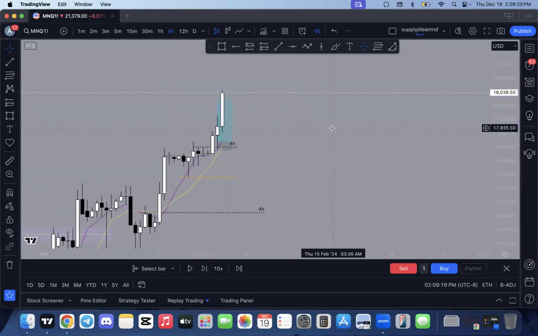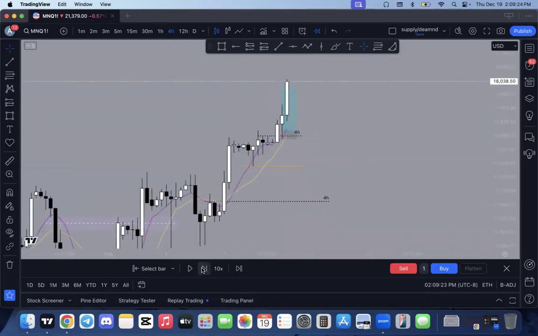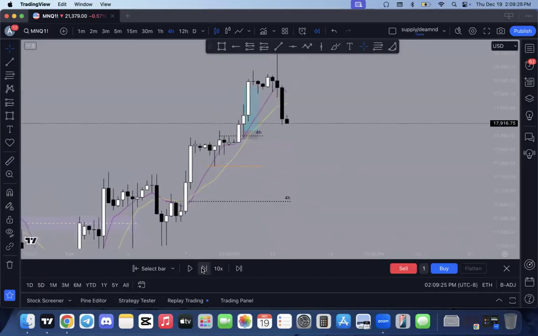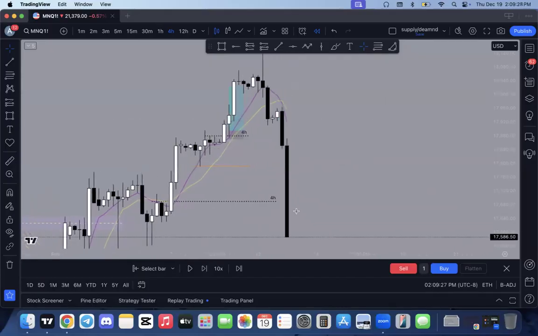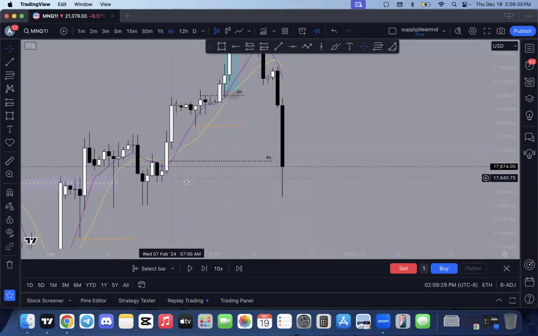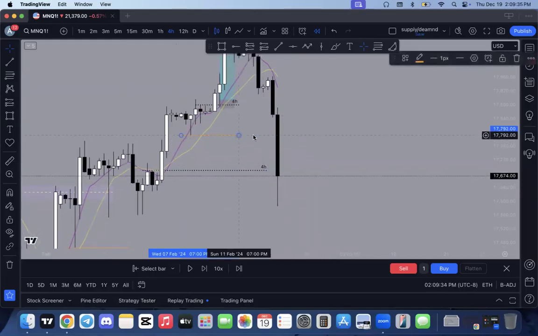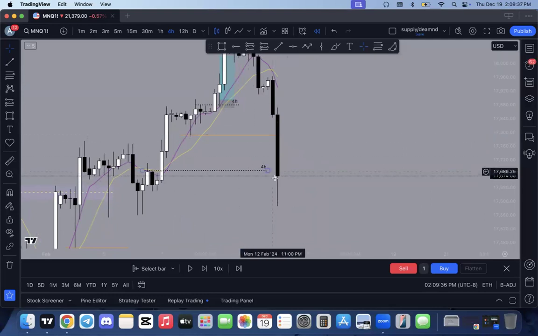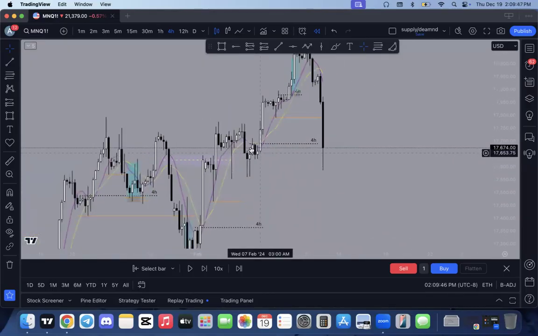Another 5%. Okay, let's see if we can just keep going. Oh, it's just bled. Okay. So we got liquidity right here. We got a reaction. Let's see the next 4 hour, because of how this closed kind of in this zone, we might start to see a little bit of bearish movement at this point.